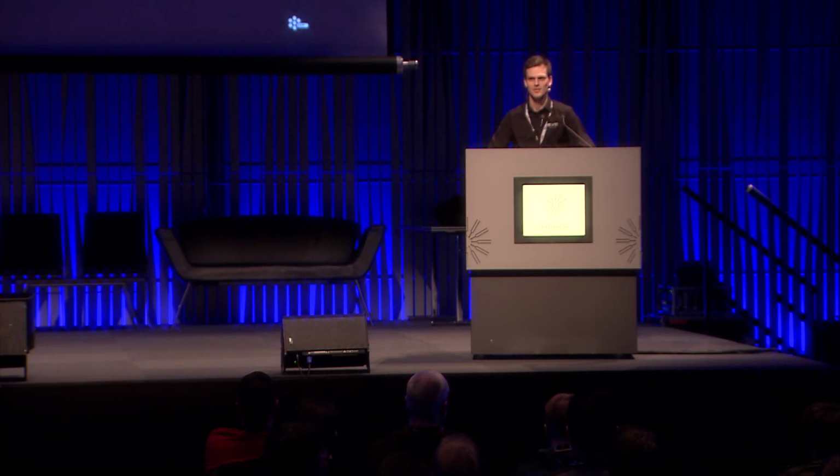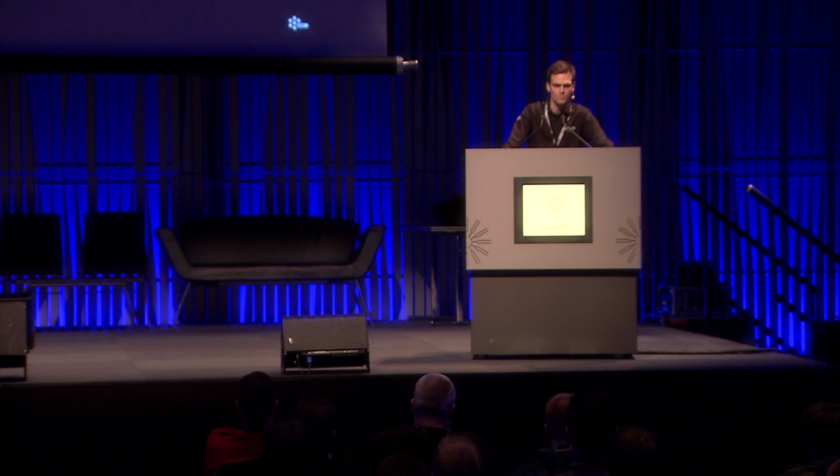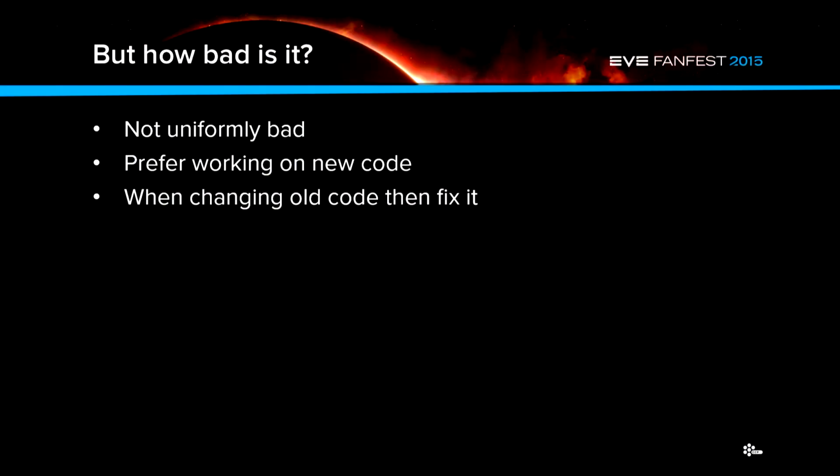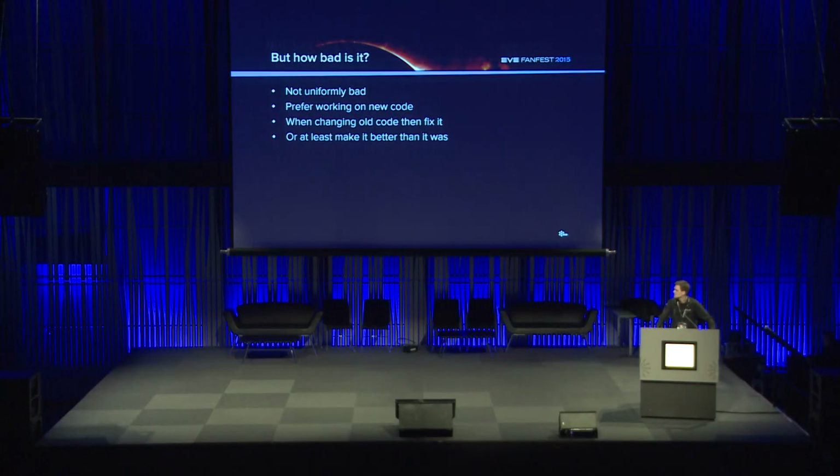And it just naturally gravitates towards doing something that is new. And then when we change old code, we actually fix it, or at least make it better than it used to be. That's one of the great rules: at the very least, leave the code in a better state than when you got to it.